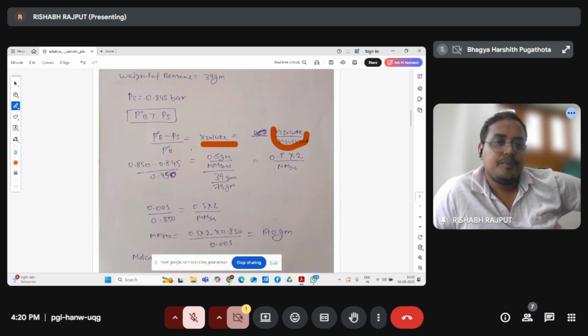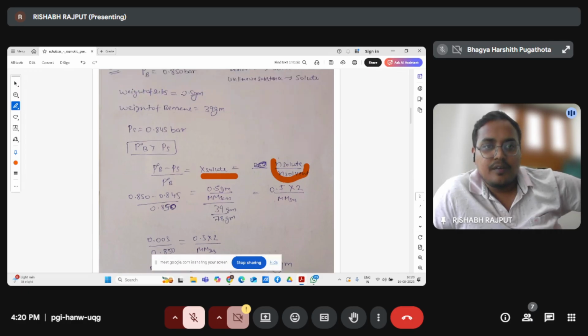Okay, please see. In that formula, you can observe here mole fraction of solid is equal to mole of solid upon mole of solvent. In that case, we have the weight of substance 0.5 gram. So you know how to calculate the mole of solid.